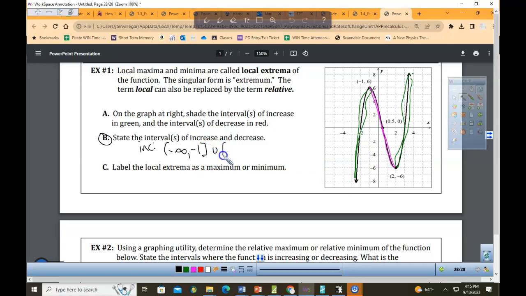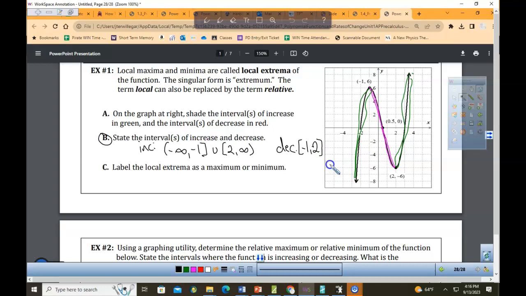And I'm increasing from 2 to infinity, right? That's my greens, my intervals. Okay? And then I'm decreasing from -1 to 2. Any questions on that one? If so, ask in class.